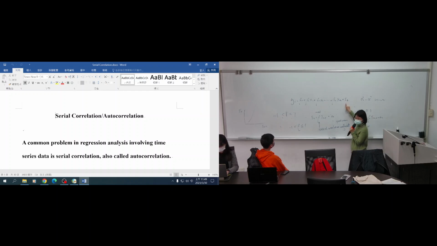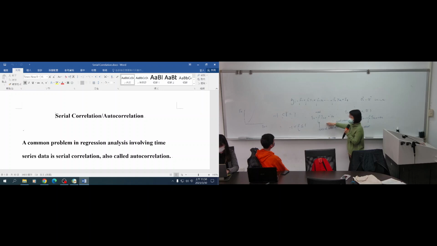Heteroscedasticity can be cross-sectional as well as time series. But most of the time, cross-sectional data has the heteroscedasticity problem, not really time series. But serial correlation always happens to time series data, not cross-sectional data.